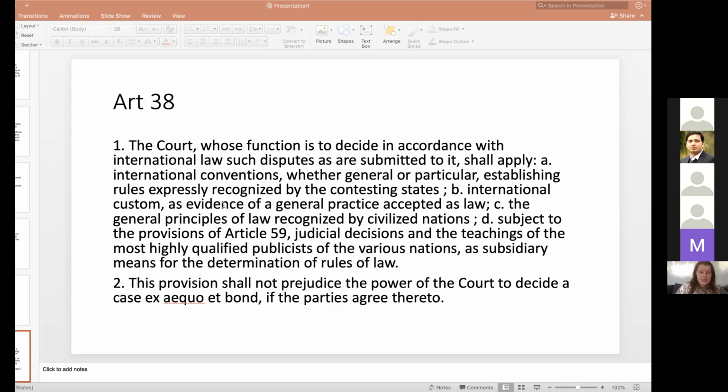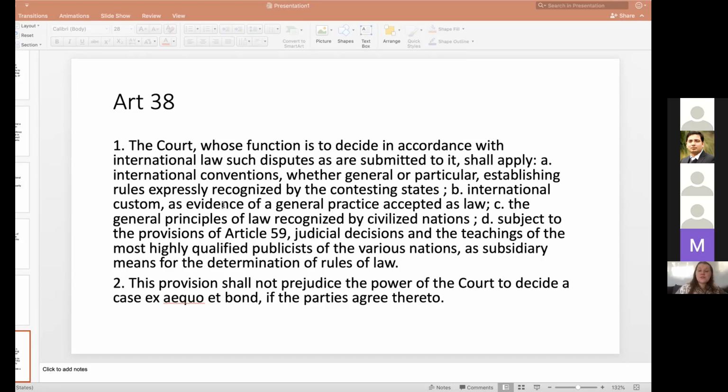In Article 38, it's written that subject to the provision of Article 59, which states that decisions of the court have no binding force except as between the parties and in respect of the case under consideration, judicial decisions and the teachings of the most highly qualified publicists of the various nations might serve as a subsidiary means for the determination of the rule of law.